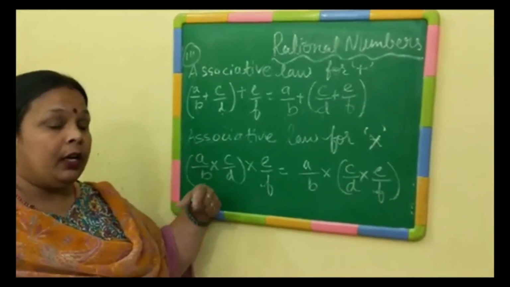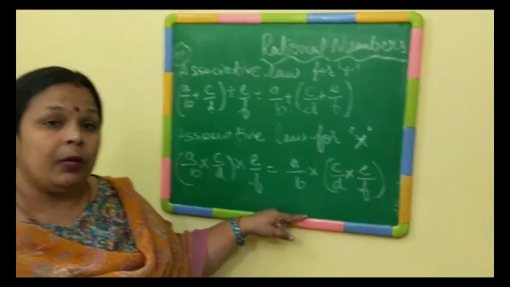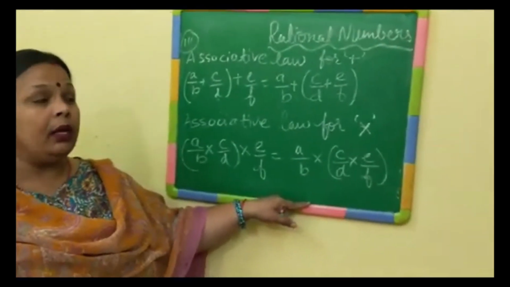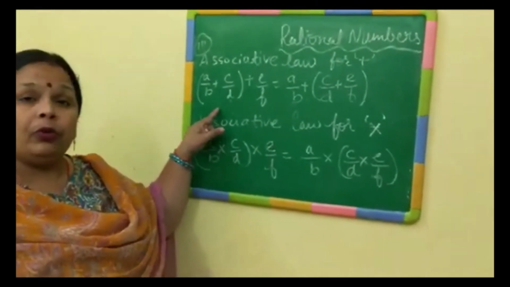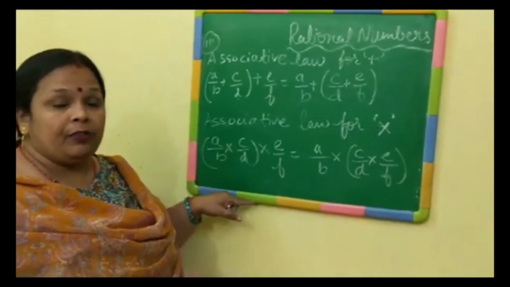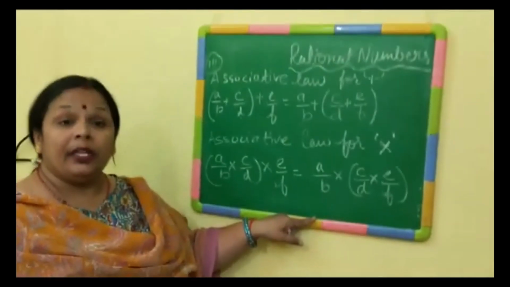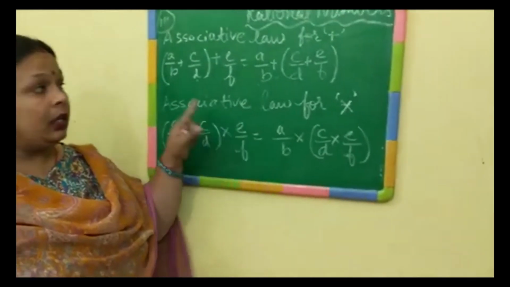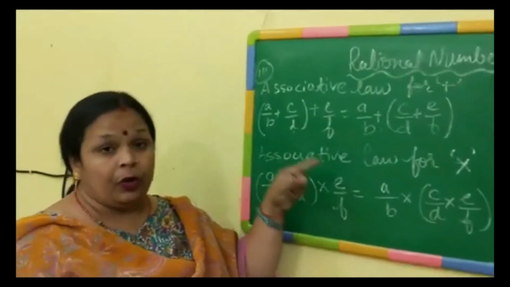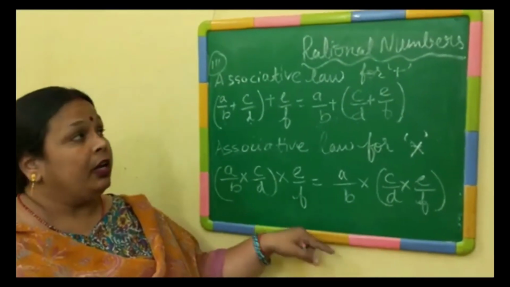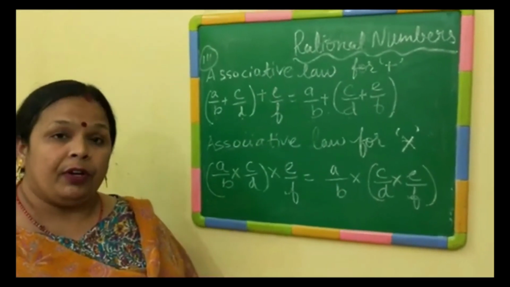If we substitute the values of A by B, C by D and E by F, we get the same conclusion, LHS equals RHS, and hence the associative law for addition and multiplication is closed for rational numbers.